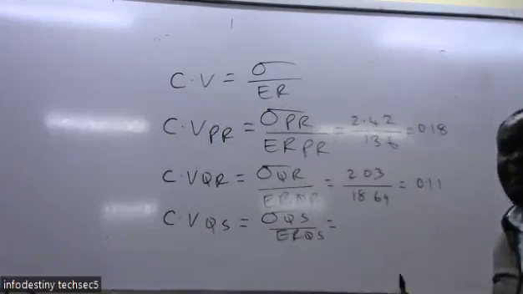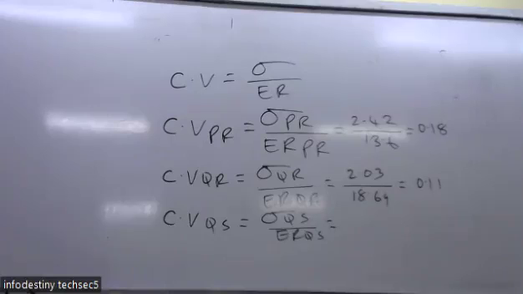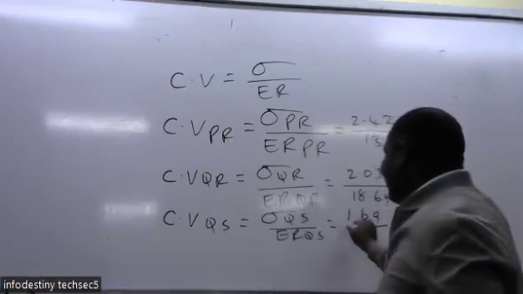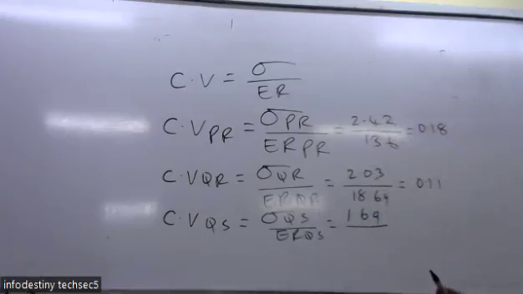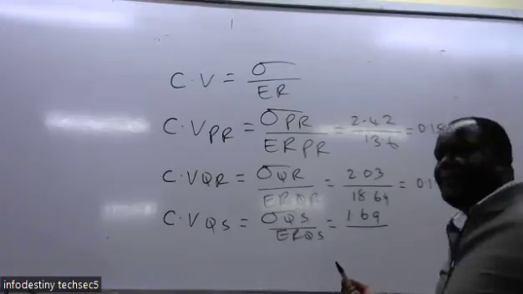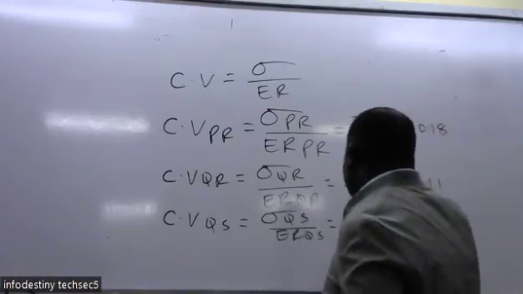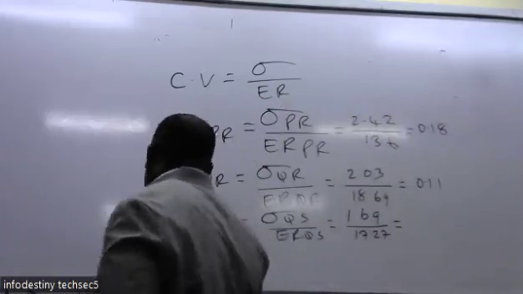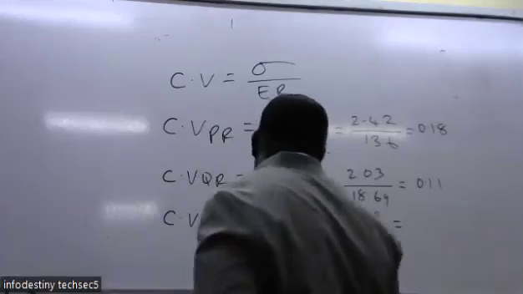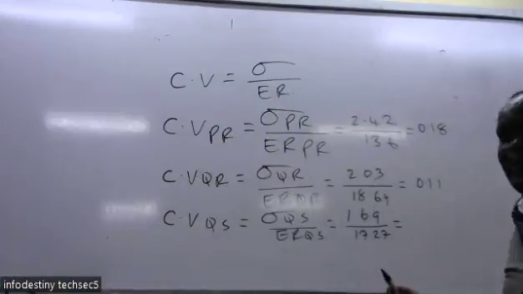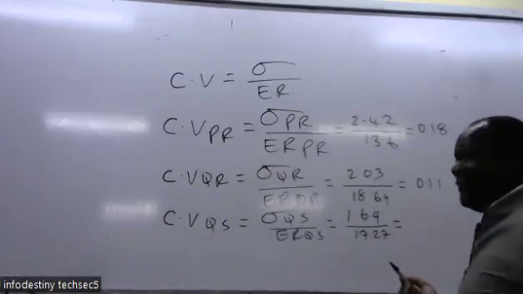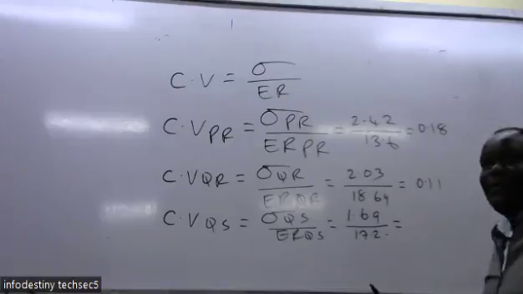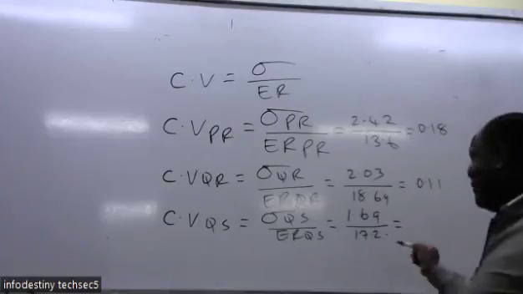What was the standard deviation for QS? 1.69. Expected return, 17.27.